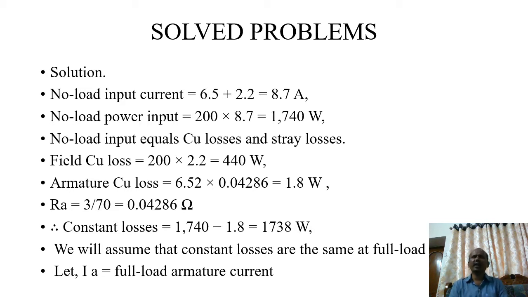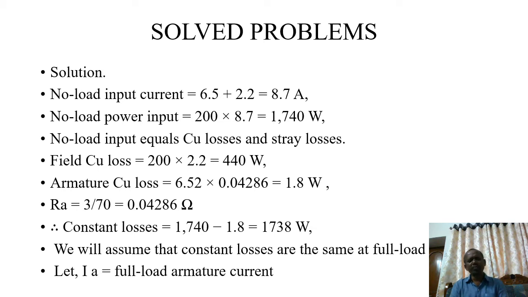Here we are conducting Swinburne's method. From this method, the problem is given, and you can note the data under no load condition and under load condition. No load input current is first given, that is 6.5 plus 2.2 equals 8.7 ampere.